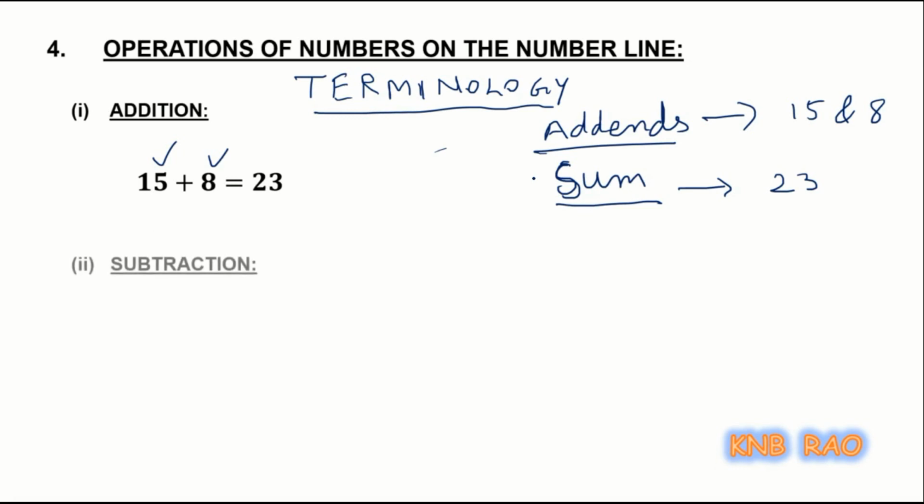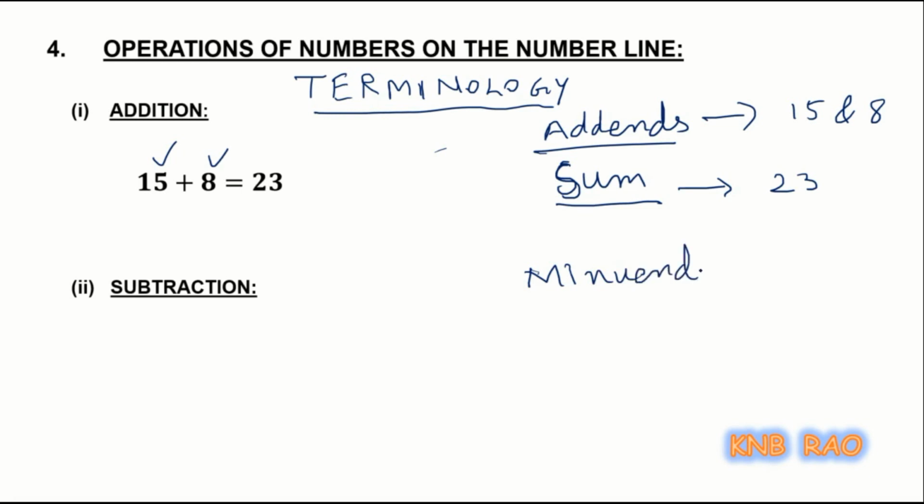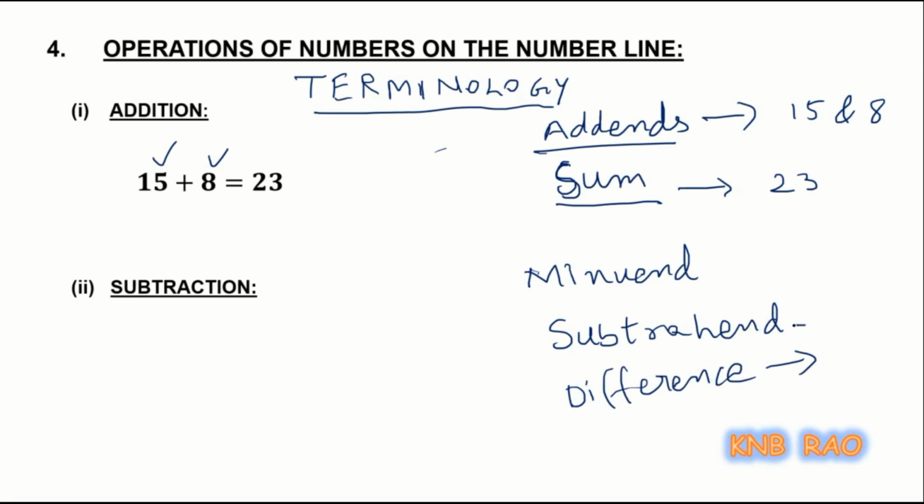Next, coming to the operation subtraction. In subtraction we have the terminologies: minuend, subtrahend, and difference. So these are the three terminologies when it comes to the subtraction operation.